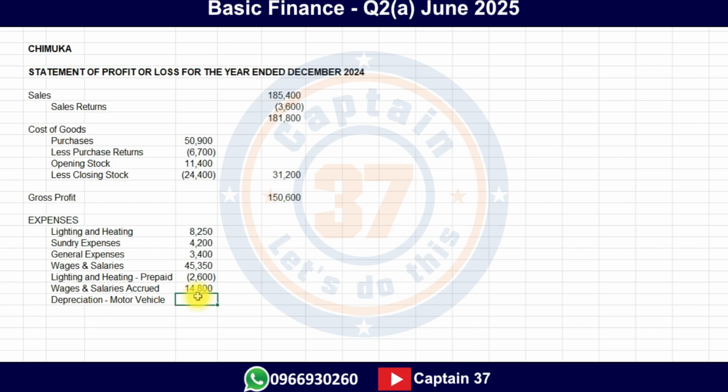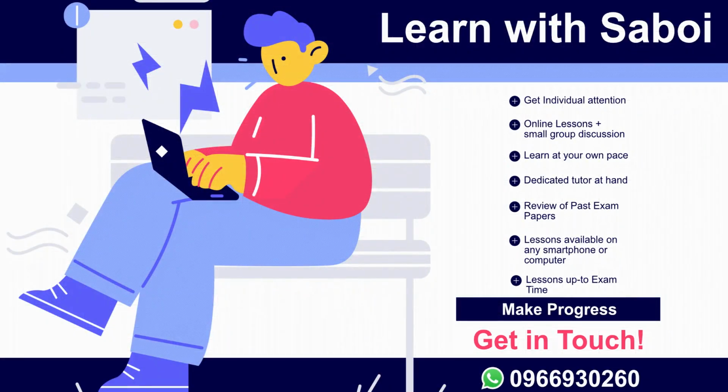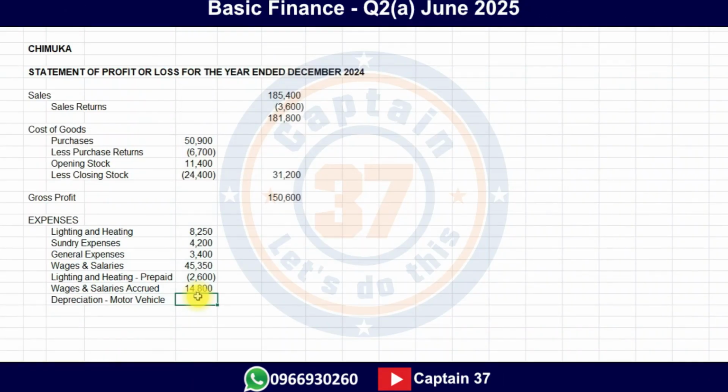You go back to the trial balance and check. The value for the motor vehicle is 157,000, and it depreciates at a rate of 20%.